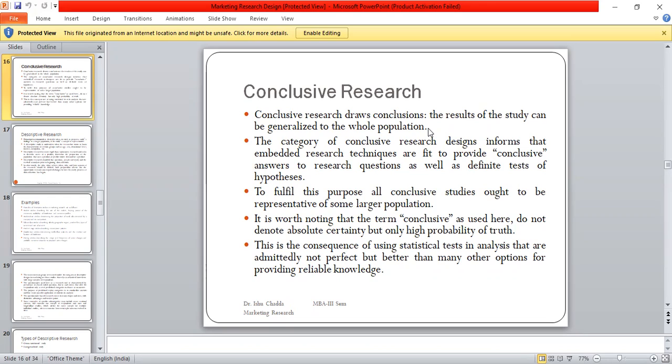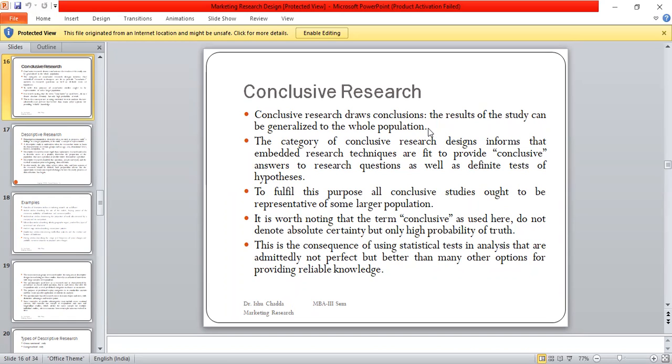That means here I follow the conclusive research approach by taking a sample from the target population only. It is worth noting that the term conclusive as used here does not denote absolute certainty but high probability of truth. So I assume there must be truth behind it. If customers of Amritsar say one thing about my product, that means the whole of India will say the same about my product.